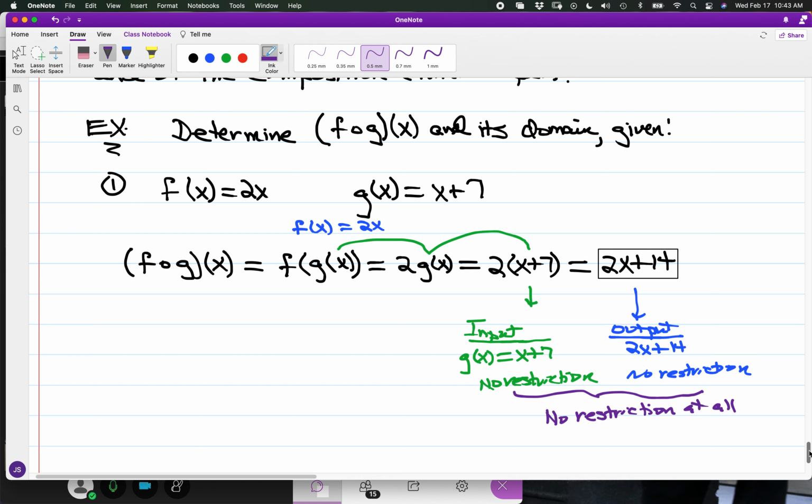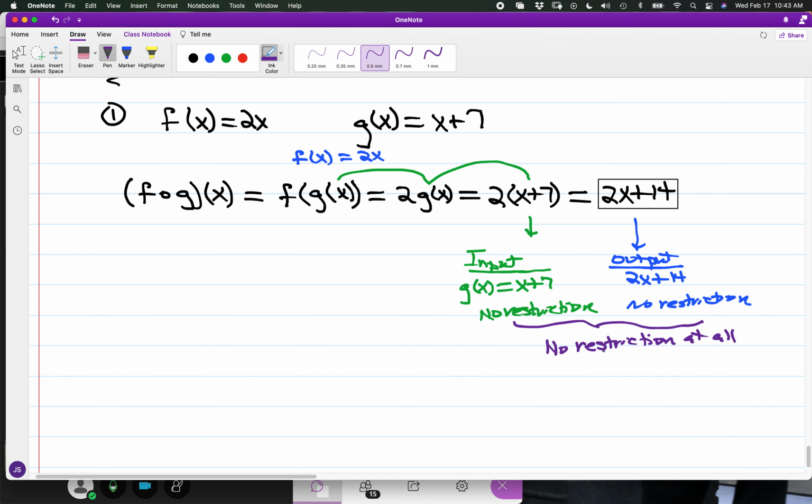So this is going to signal that the domain of this composition is going to end up being the set of all real numbers.